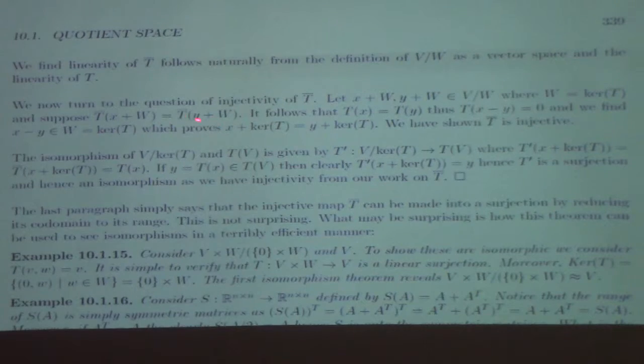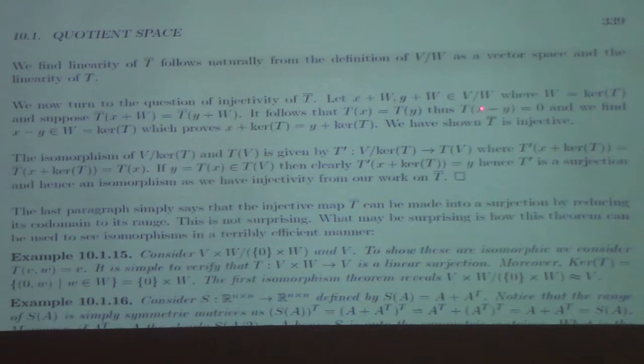So the question of injectivity: you want to look at two cosets, x plus w and y plus w, in the quotient space, and suppose that they have an equal output. So T bar of x plus w is equal to T bar of y plus w. Well, by definition, that means T of x is equal to T of y, right? But what does that mean?